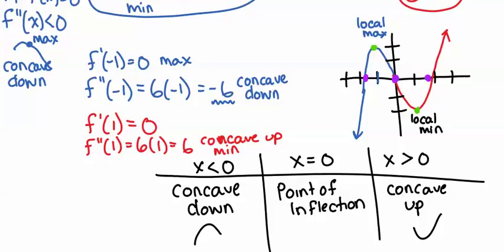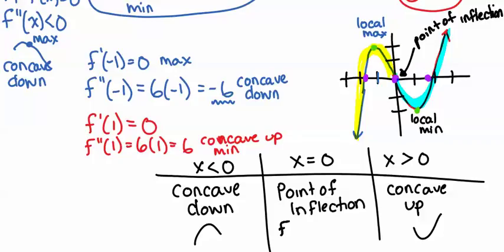It's going concave down the whole time, and then boom, point of inflection, concave up. So this is our point of inflection, where it turns from concave down to concave up.